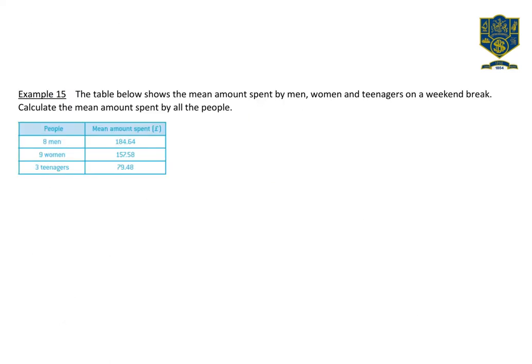Example 15, calculate the mean spent by men, women and teenagers on a weekend break. So the amount is going to be our x value, and the people is going to be the frequency. So for fx, we need to multiply those two together.